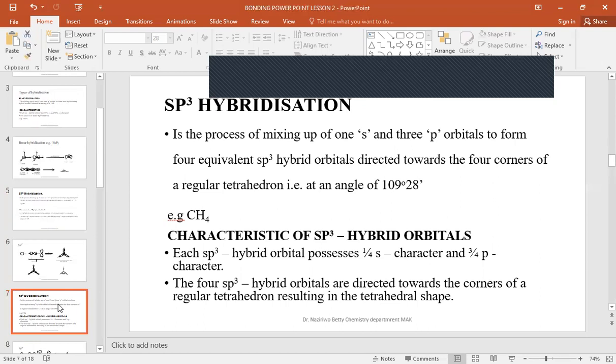And the characteristic: each sp3 hybrid orbital possesses 1/4 s character and 3/4 p character. The four sp3 hybrid orbitals are directed towards the corners of a regular tetrahedron, resulting in a tetrahedral shape.